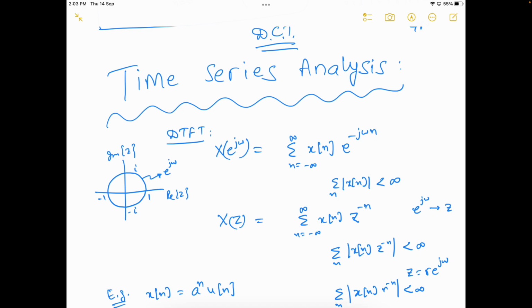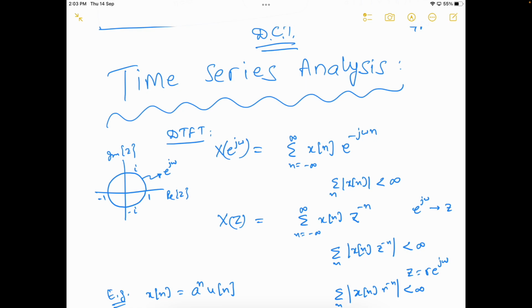And then we have X of k, which is the DFT. All of you know DFT is a sampled version of DTFT. I sample the DTFT in such a way, and those discrete samples form my DFT. Omega can lie between 0 to 2 pi, so my samples can also lie between 0 to 2 pi. If I'm taking N samples, then the distance between every sample will be 2 pi by N. Right? So that's the concept of DTFT and DFT.